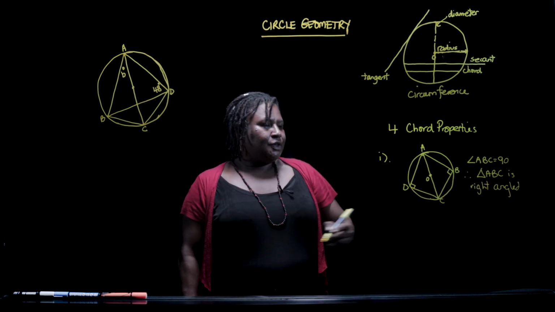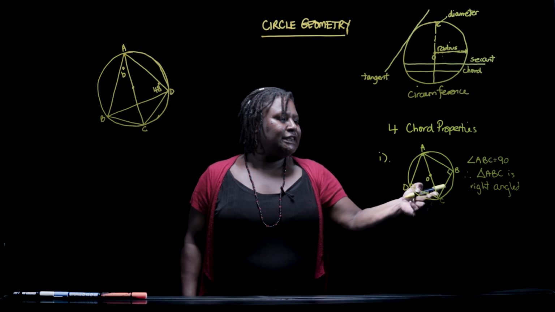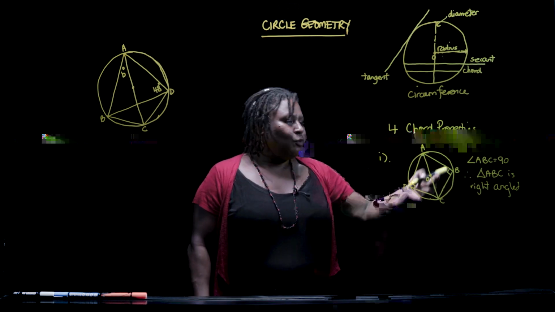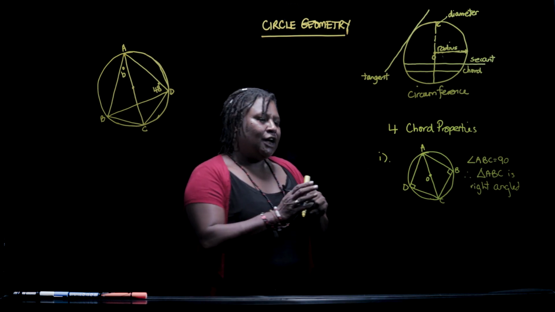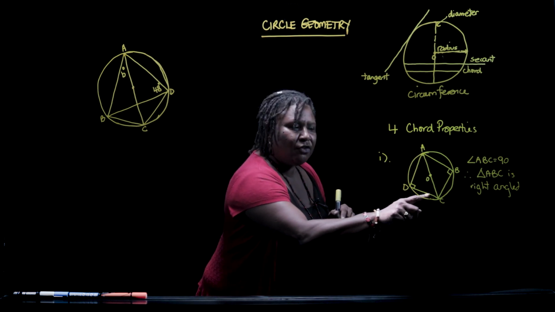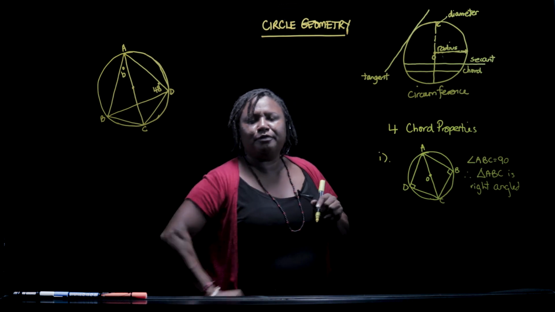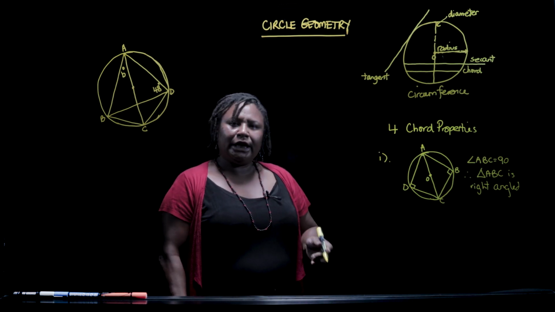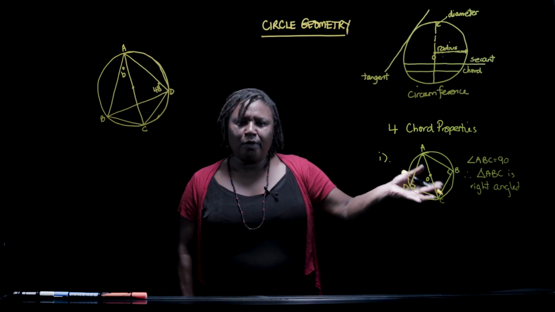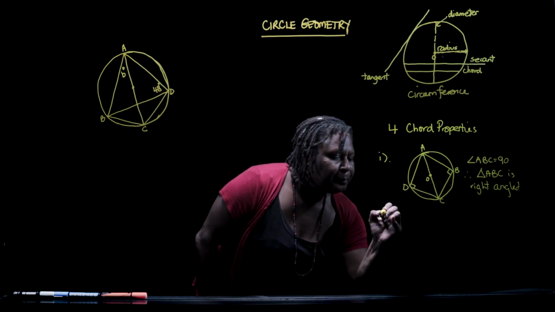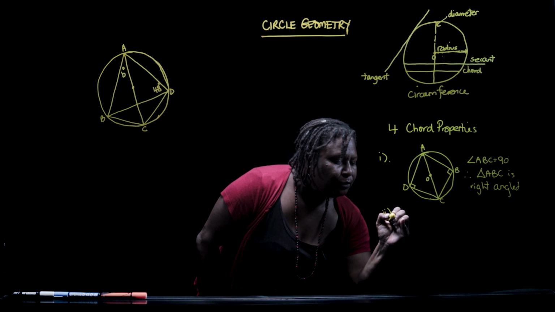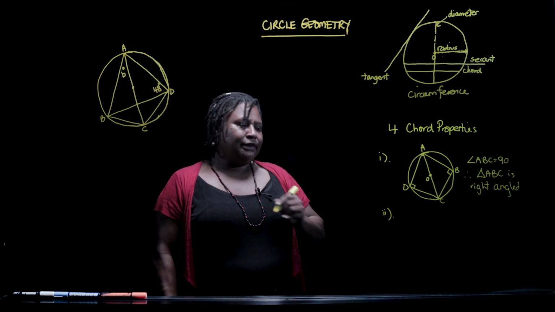Okay, so angle ABC is 90 degrees, which makes triangle ABC a right-angled triangle. Now that is also true for the triangle that is formed on the other half of the circle. Okay, so this is property number 1, where the diameter is used to form a triangle. Okay, that triangle will always be right-angled.